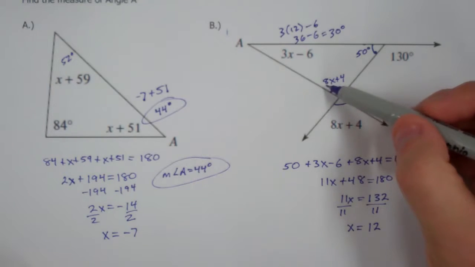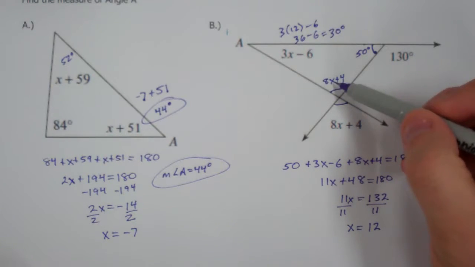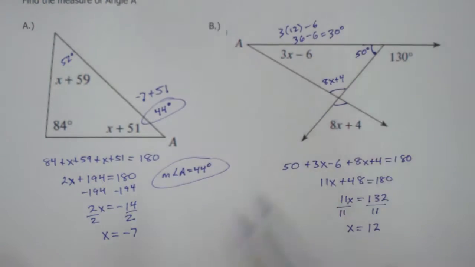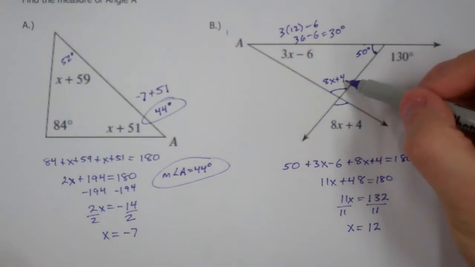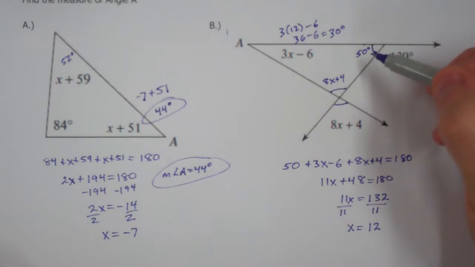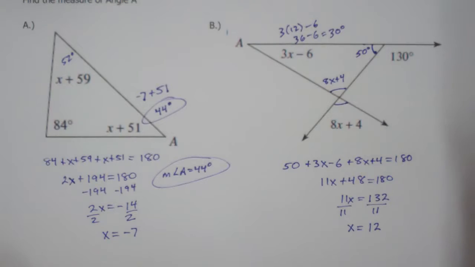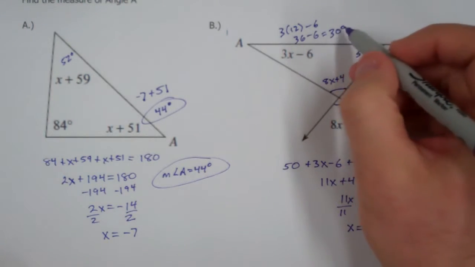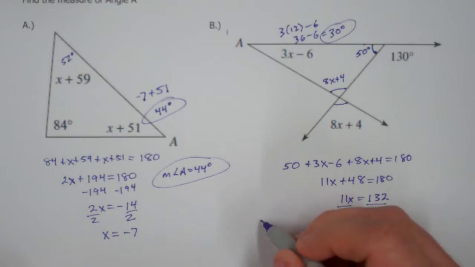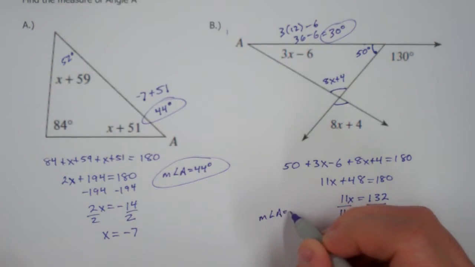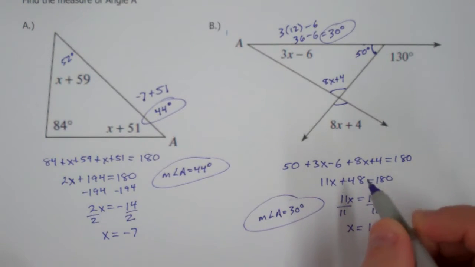Let's see if it makes sense here. 8 times 12 is going to be 80 plus 16, which is 96, and 96 and 4 is 100, and 100 degrees plus 50 plus 30 is 180, so this does make sense. We could either just circle this up here, or we could make a nice little statement, and we could say that the measure of angle A is 30 degrees, at least for this problem.